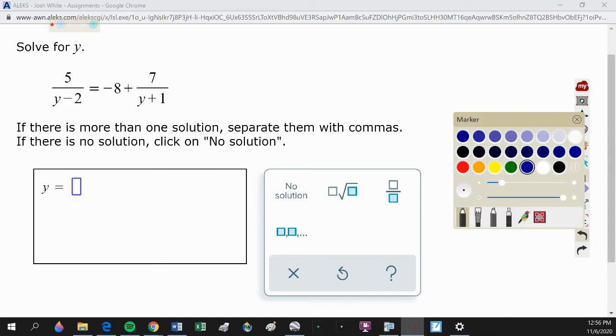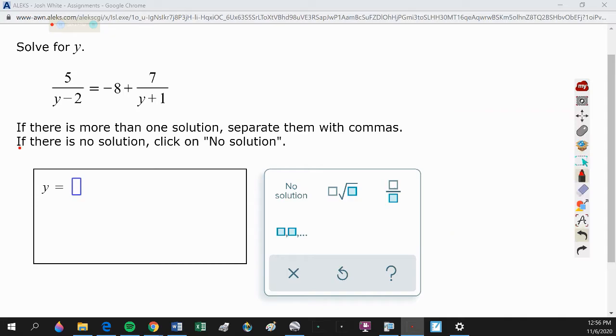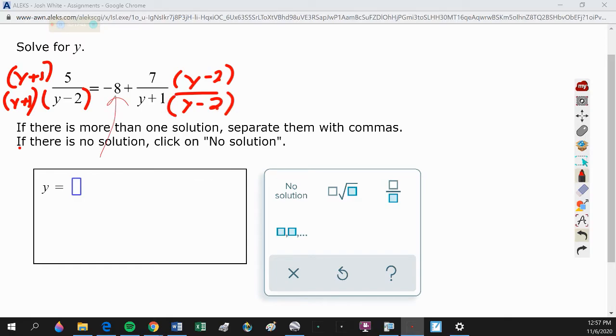I think this is as hard as it gets. What is the common denominator? Both of those. So this one needs a y plus 1. This one needs a y minus 2. And what does this one need?